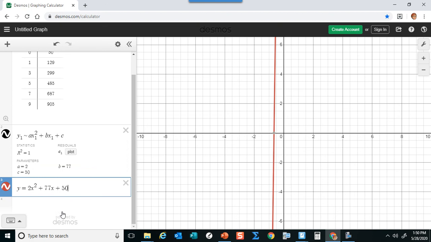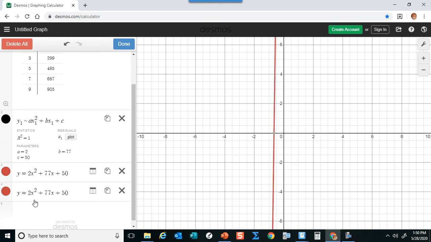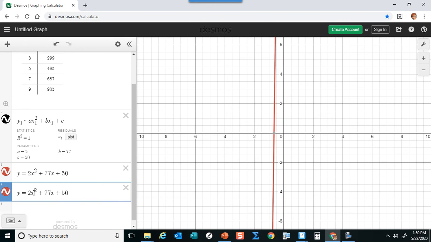So there's my equation, and now I can use it to predict for month 13. So I'm going to duplicate this equation by going up to the gear, edit list, telling it to duplicate, and then wherever I see x, I'm going to go ahead and type in 13.